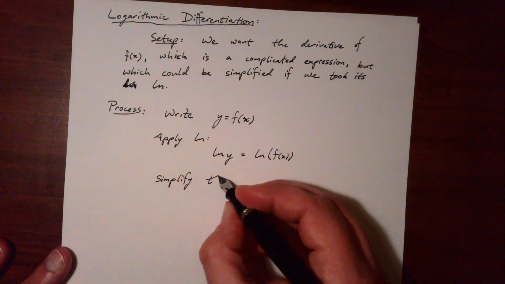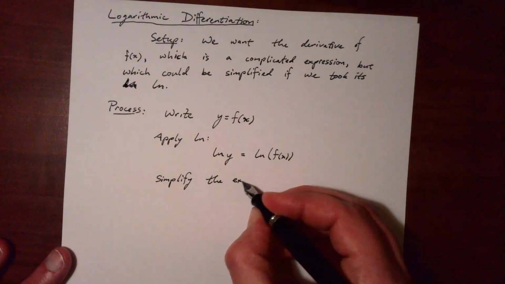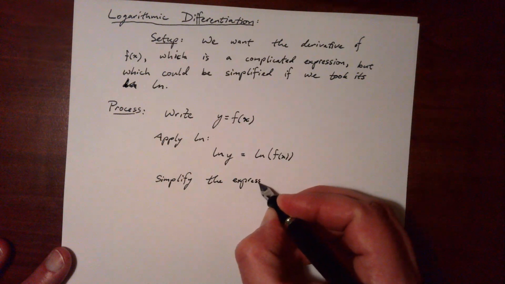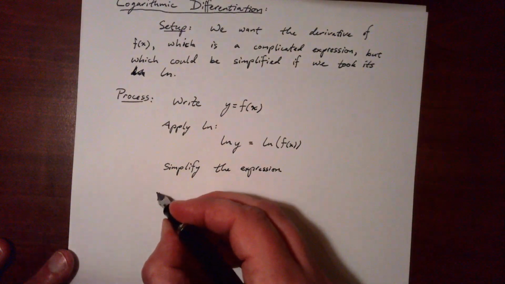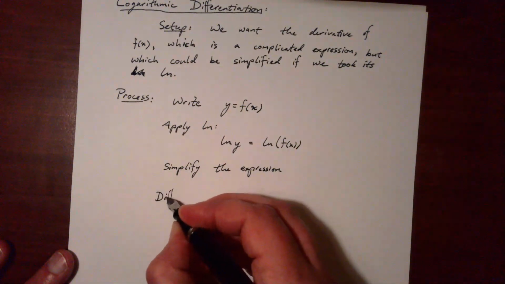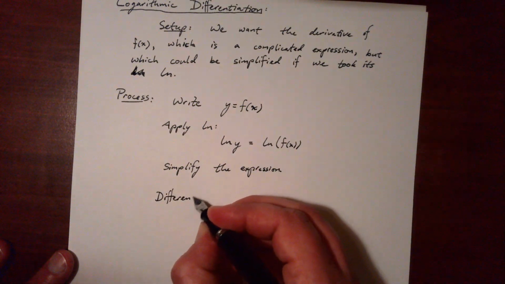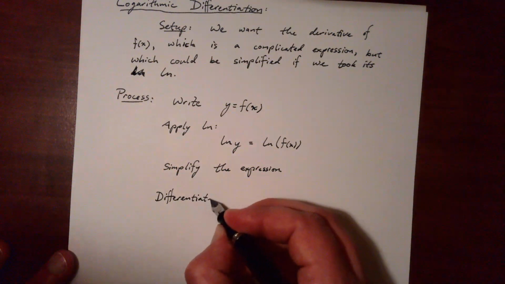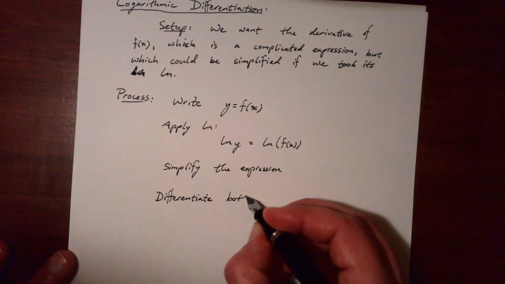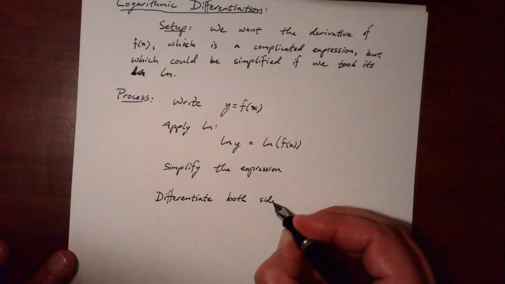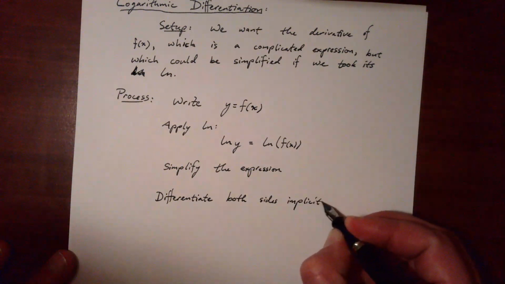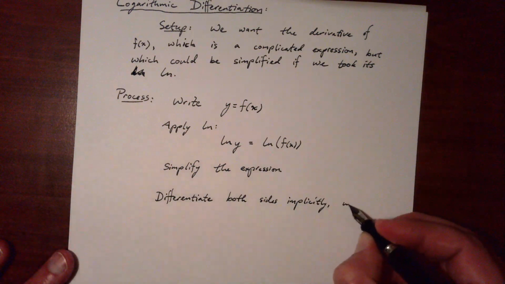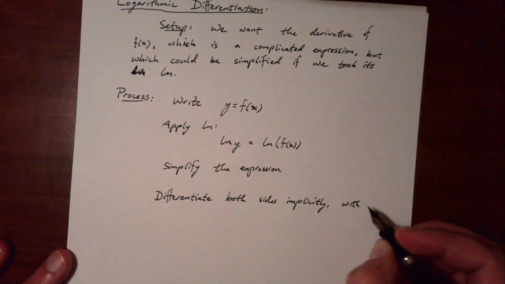Simplify the expression. Then differentiate both sides implicitly with respect to x.